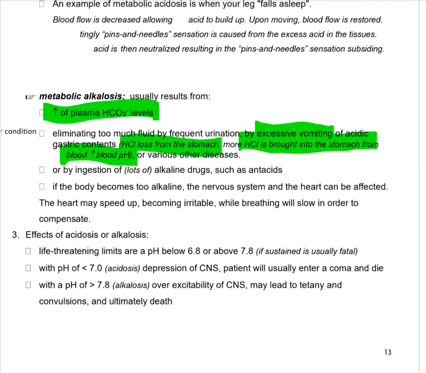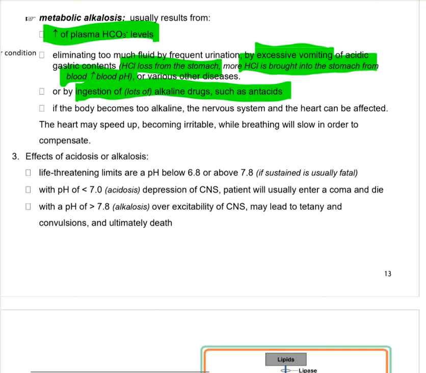We could also ingest a lot of alkaline drugs such as antacids and overdose on things. And if the body becomes too alkaline, the nervous system and heart can be affected, obviously, because we're going to have a shift in our electrolytes. So this one is much less common, but still worth knowing.